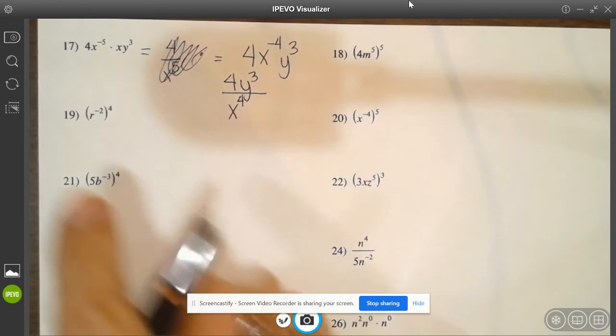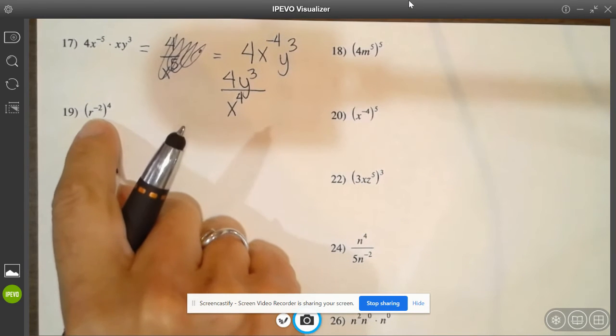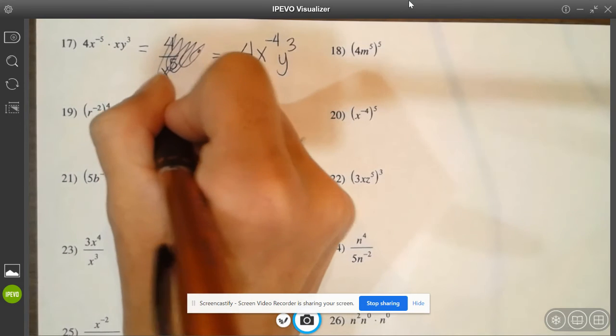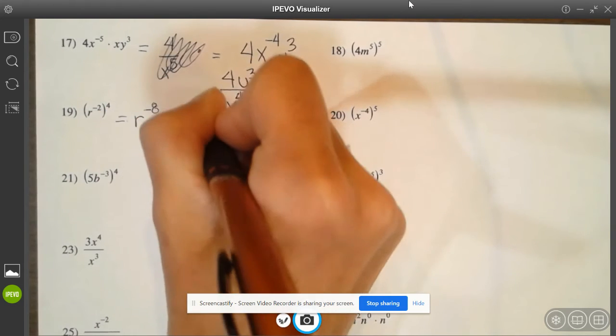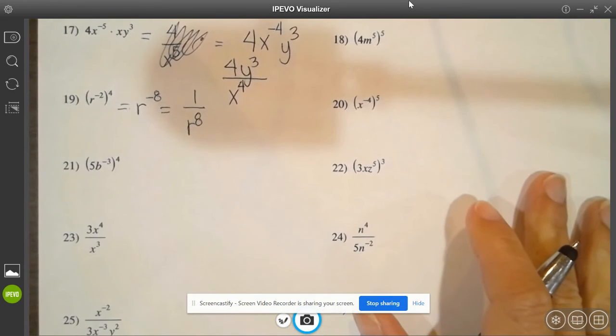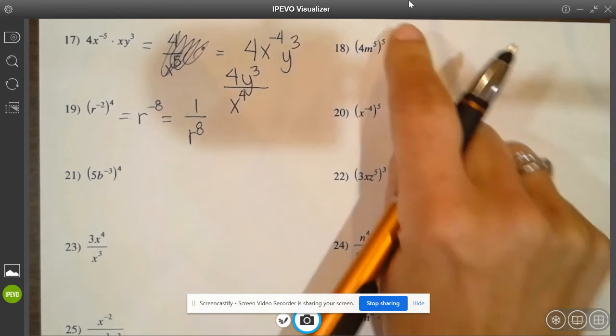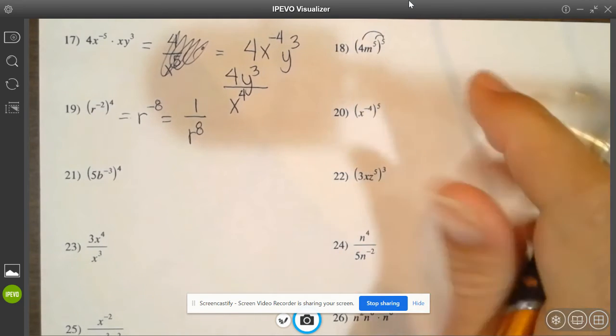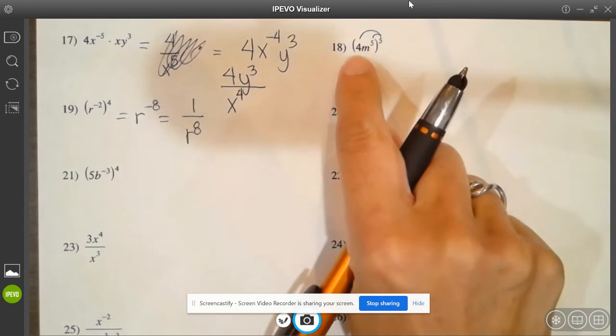Okay. All right, let's look at this one. So that's r to the -8, and we bring it down below a 1. That's our answer. Okay. Now, the way we do this, we remember to each of the numbers inside the parentheses get that 5, right?